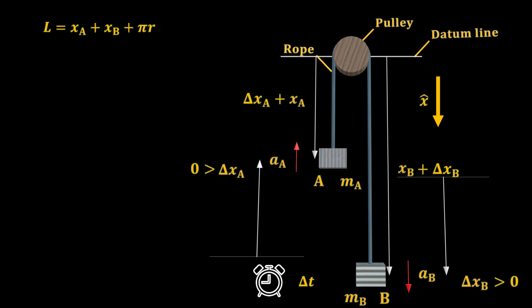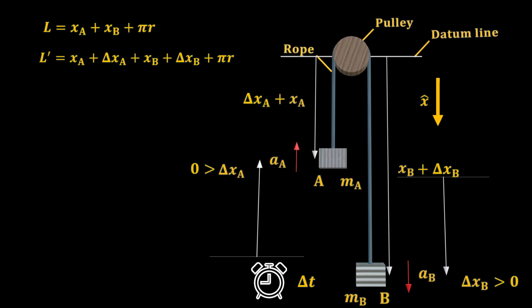Therefore, the new length of the rope is L dash equals XA plus delta XA plus XB plus delta XB plus pi R. If the rope is inextensible, then we can write L equals L dash.